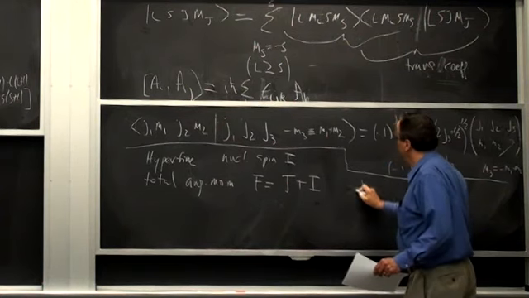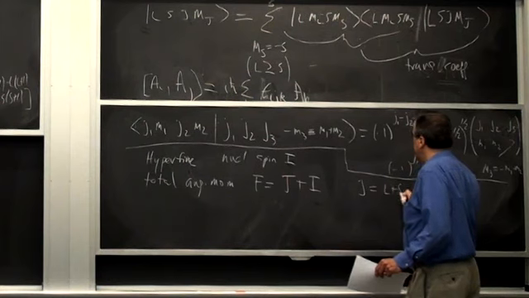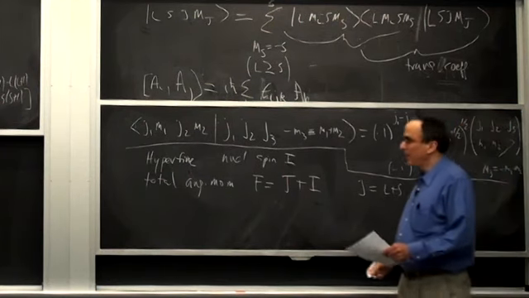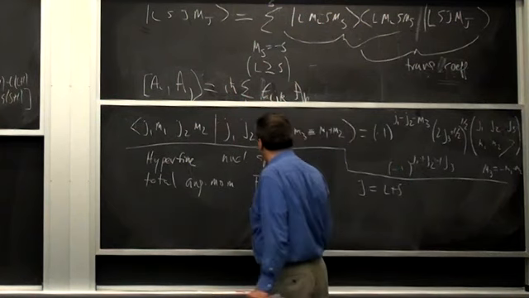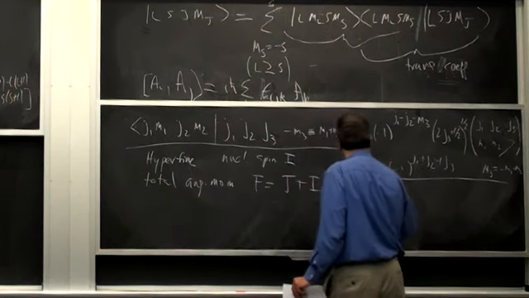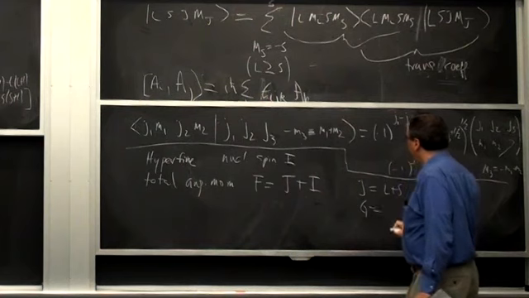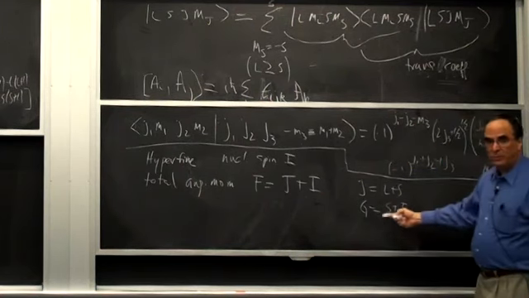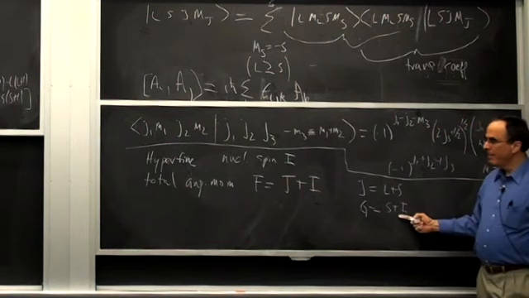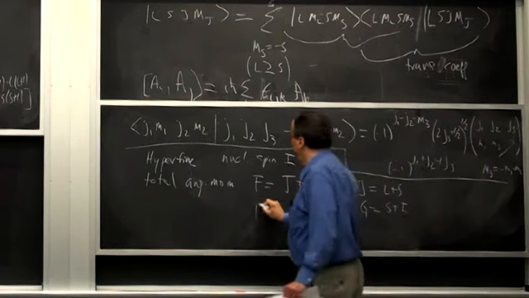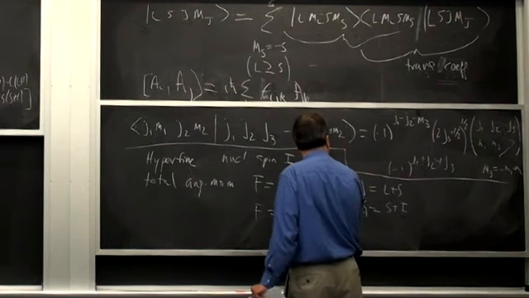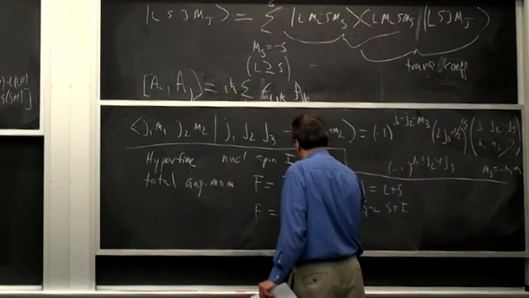So J is L plus S for atoms. And another path would be, let's define G as S plus I. In other words, we're going to couple the 2 spins together, and then F would be equal to G plus L.